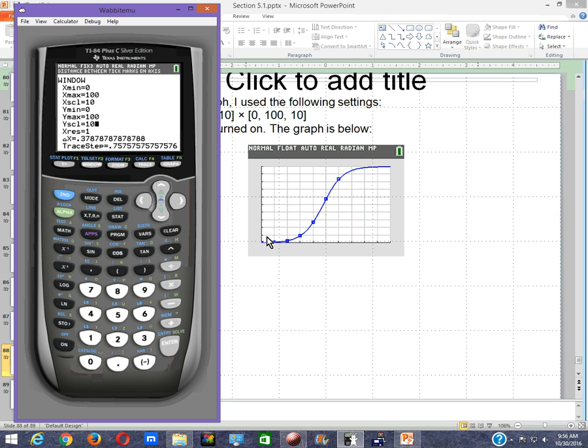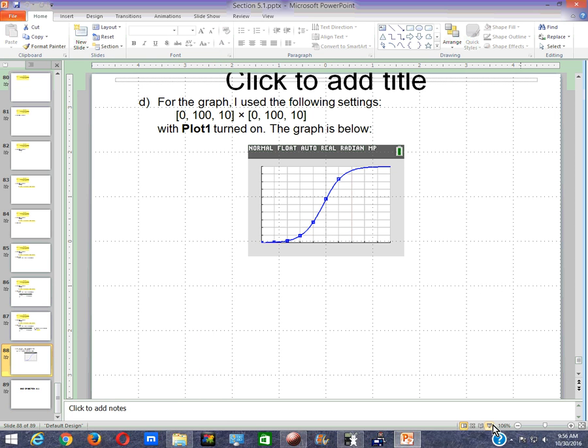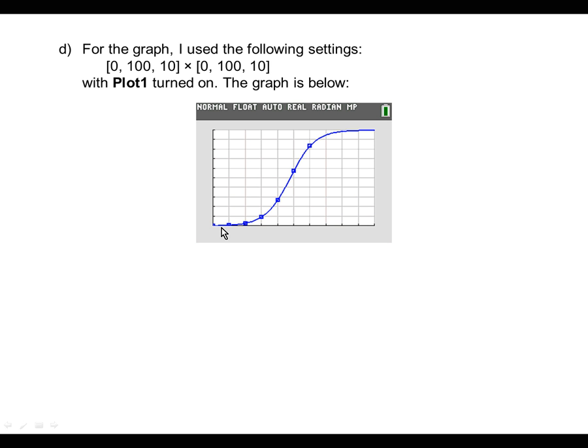My stat plot 1 is already turned on, so graph. Again, it does a fairly good job of modeling the data. That's the end of section 5.1.